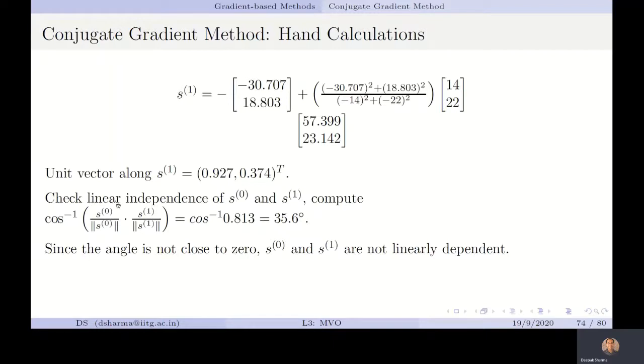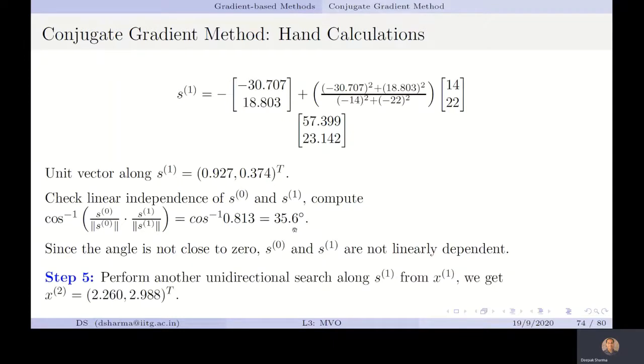Now, once we have found this direction S1, you remember that we have to find whether they are linearly dependent or independent. For directions S0 and S1 we can find the dot product, so cos theta is coming out to be 35.6. Since this value is quite large, we can say that both of them are linearly independent.